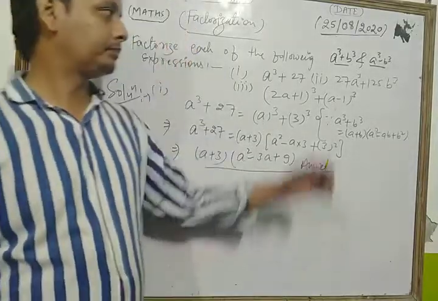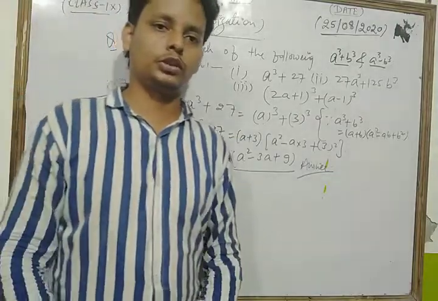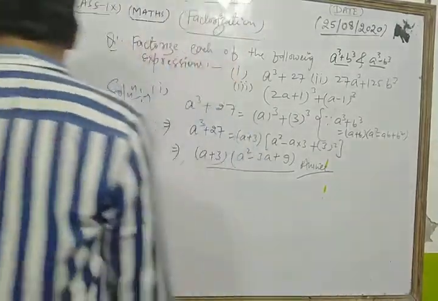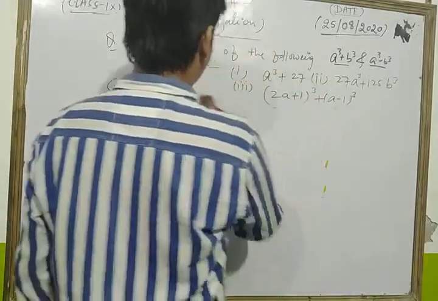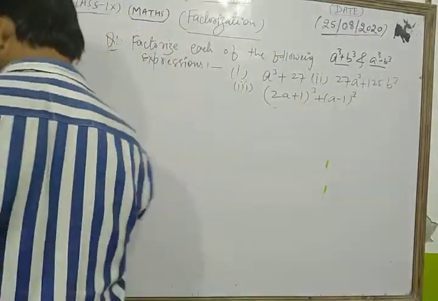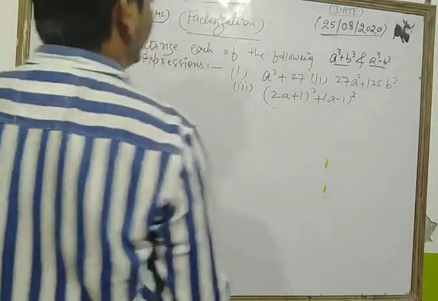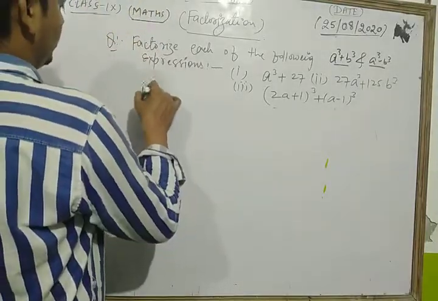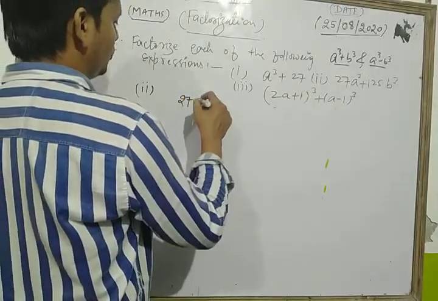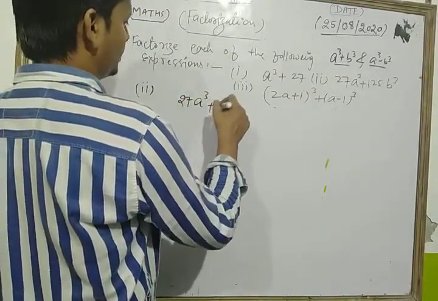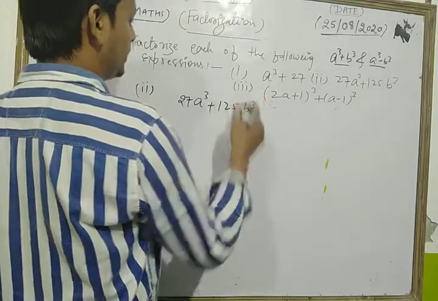Dear students, in this way we can solve that type of question. Now we take the next part of this question. We take the second part, which is 27 a cube plus 125 b cube.